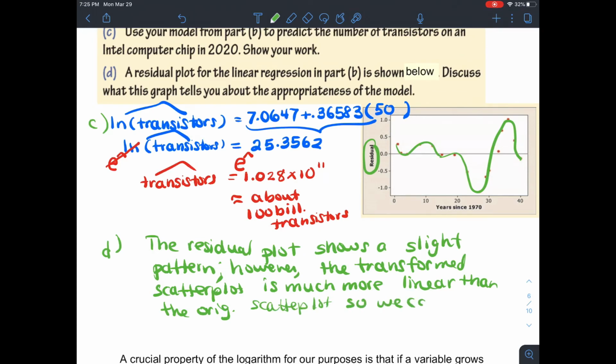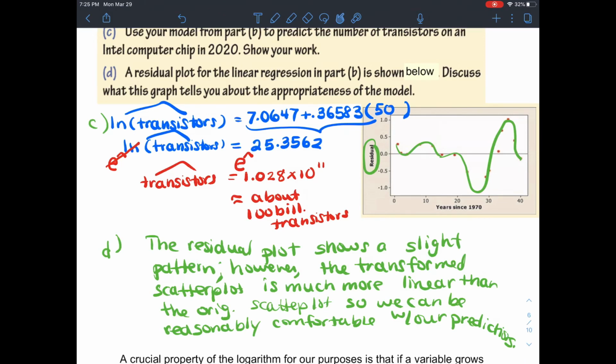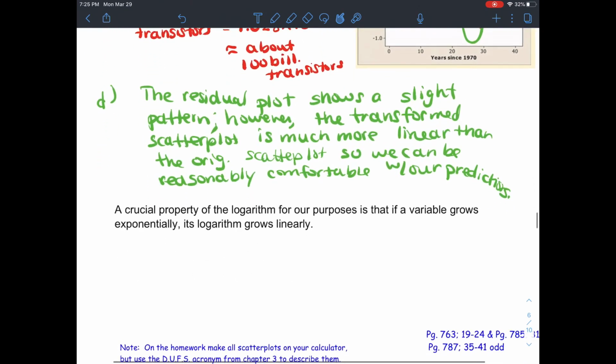So we can be, we'll say, reasonably comfortable with our predictions. So we probably have a reason to have a little bit of caution because of what we're seeing in that residual plot, but we can be somewhat comfortable because the transformed scatter plot does look somewhat linear.